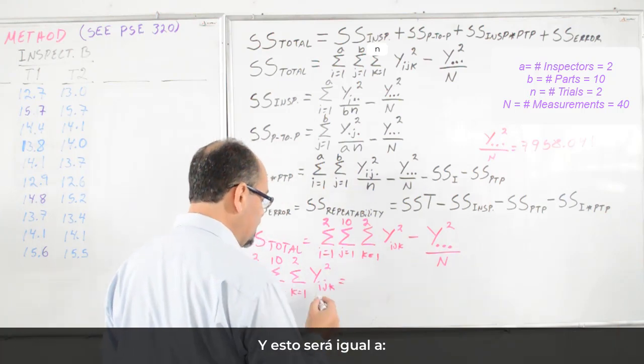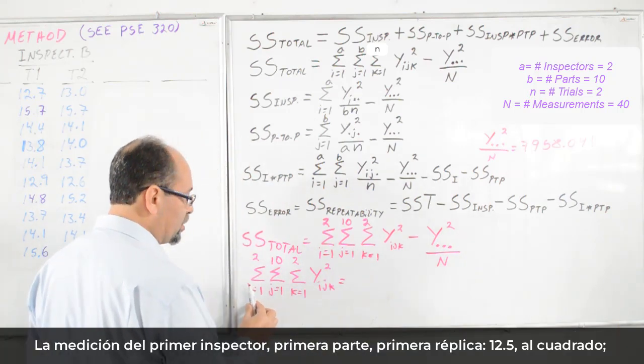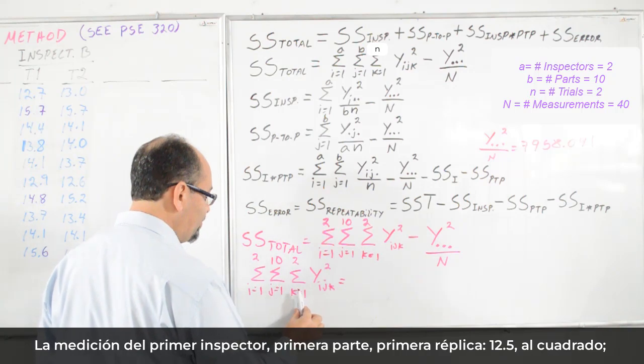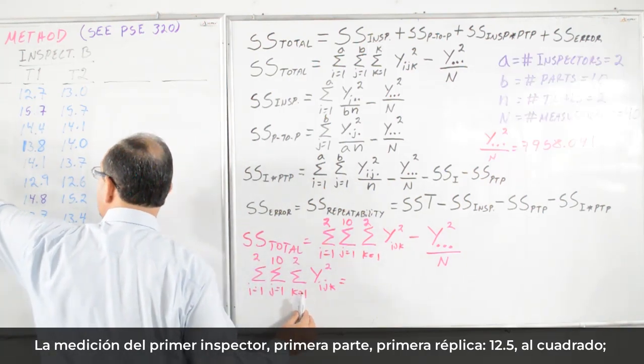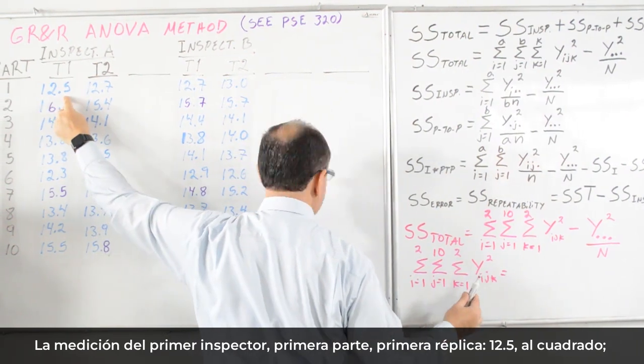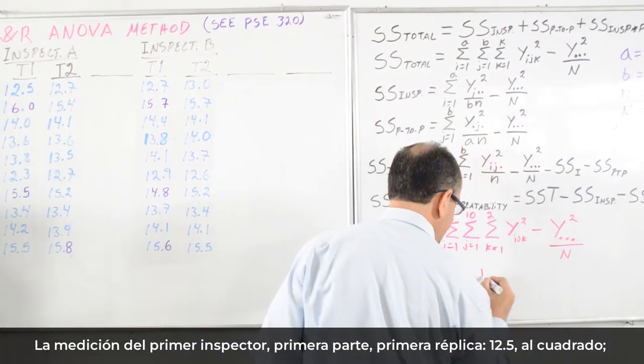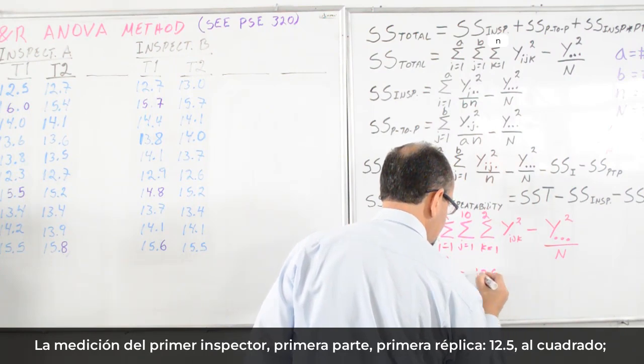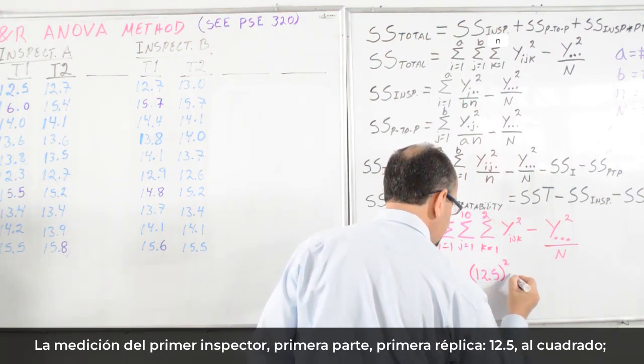And that will be equal to first inspector, first part, first trial, 12.5, and that is squared.